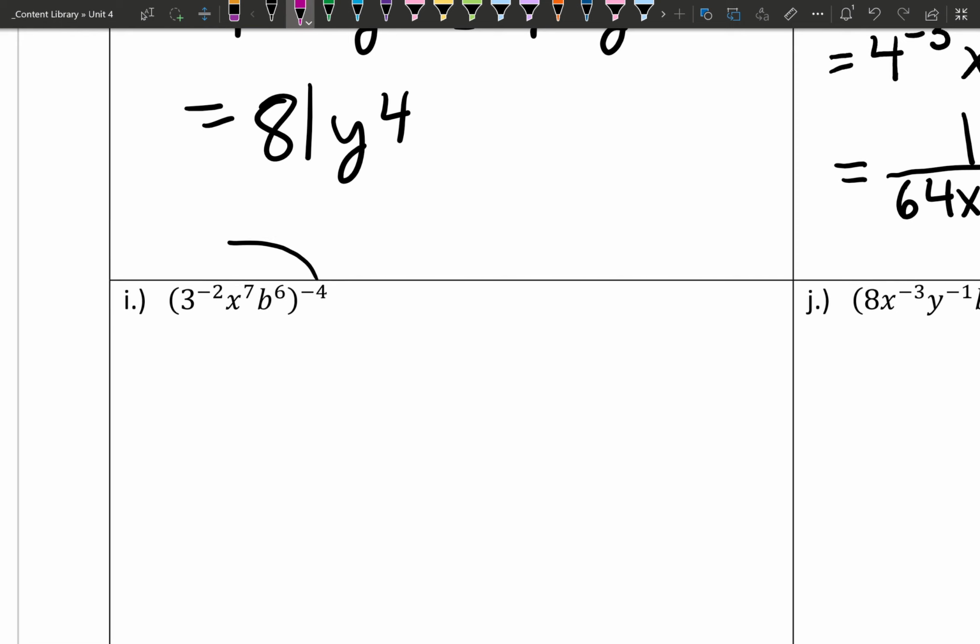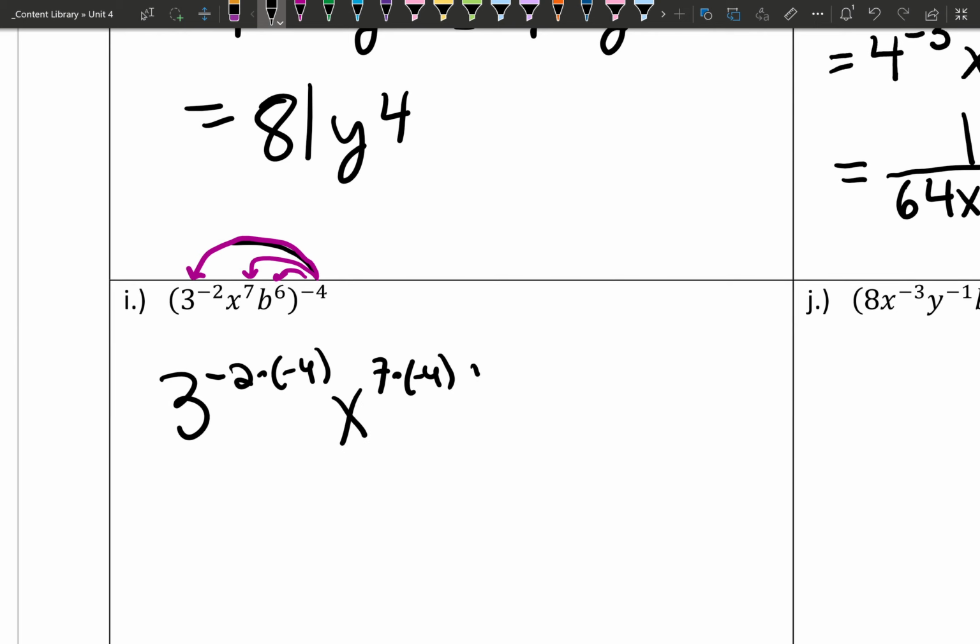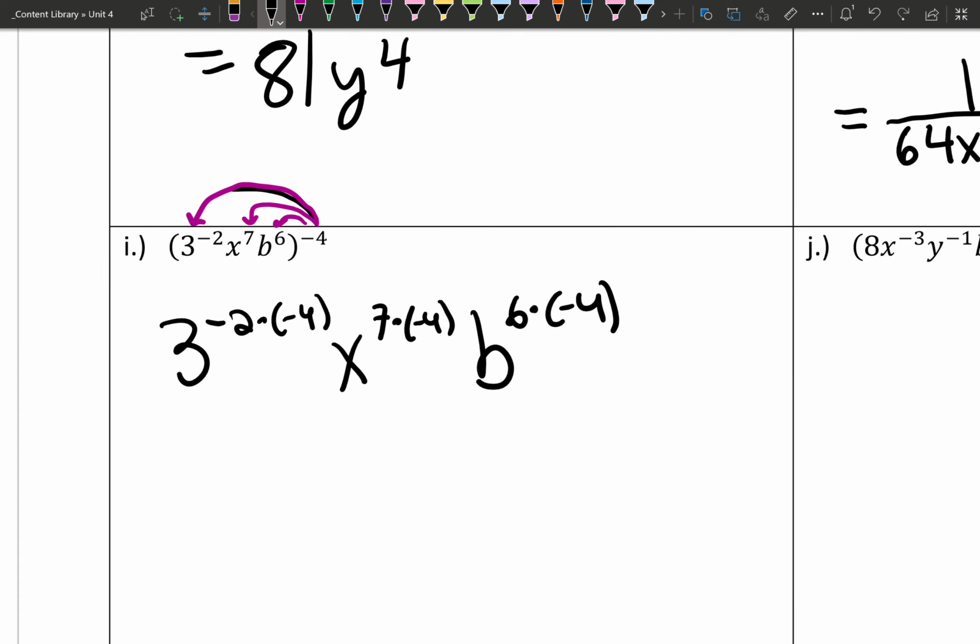Letter I. Oh, we can just go ahead and start multiplying these powers. I'm going to multiply. Oh, no, I wanted pink pen. Yay. And the reason I can just start multiplying is because none of them have a power of 1 that I need to rewrite. Okay. So, this becomes 3 to the negative 2 times negative 4. X to the 7 times negative 4. And b to the 6 times negative 4. That becomes 3 to the power of 8.